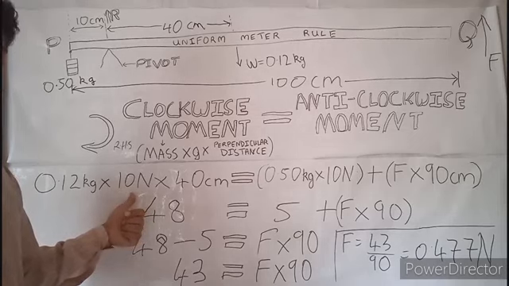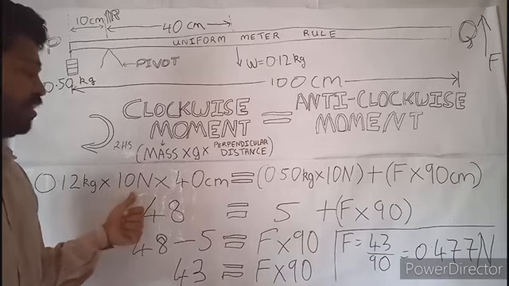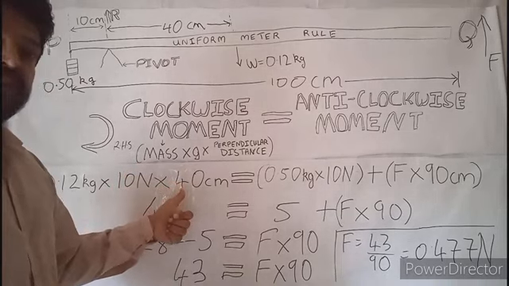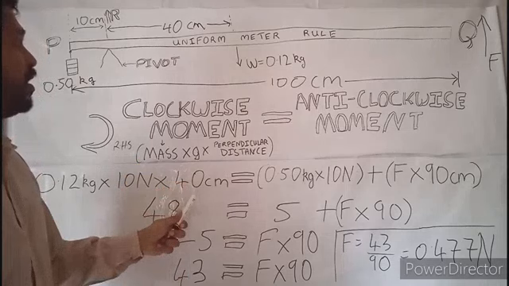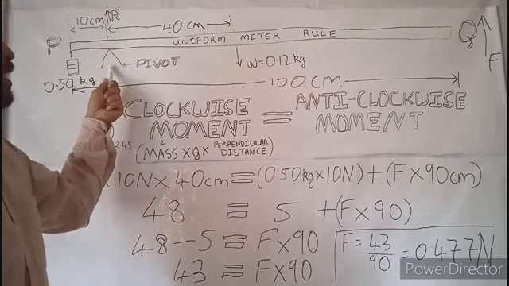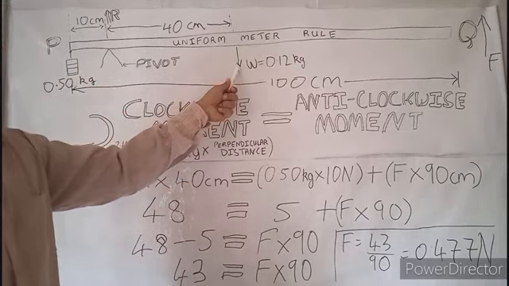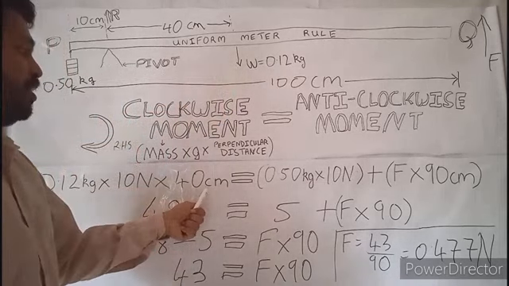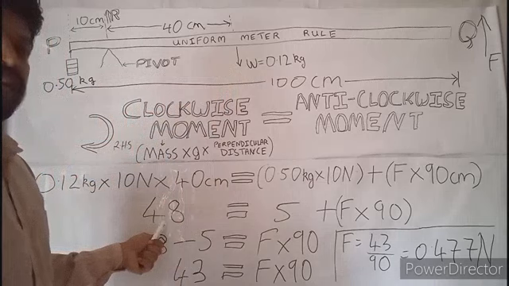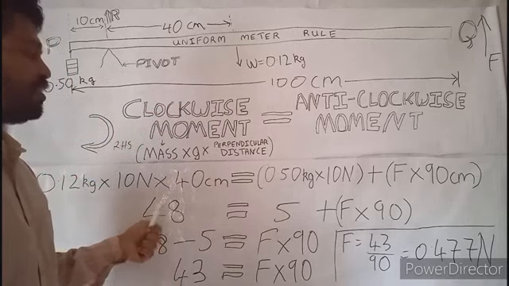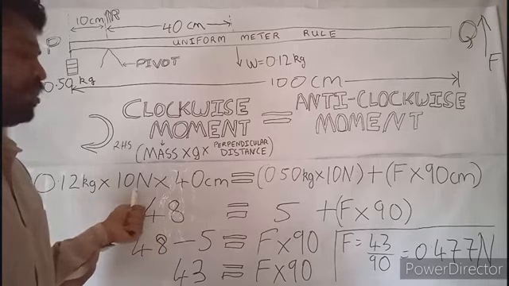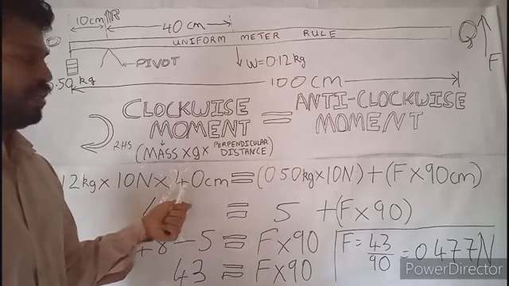The exact value is 9.8, as you are already aware, but we round it to 10 newtons, and into 40 centimeter. 40 centimeter is the distance from the pivot to the center of the uniform meter rule. If you multiply all this, you will get 48. You can use your calculator to calculate 0.12 kg into 10 newtons into 40 centimeter.